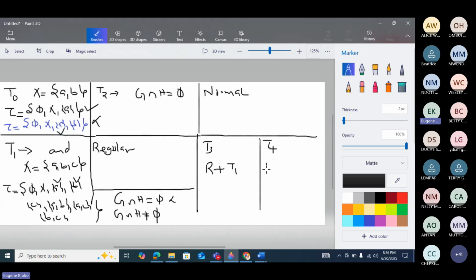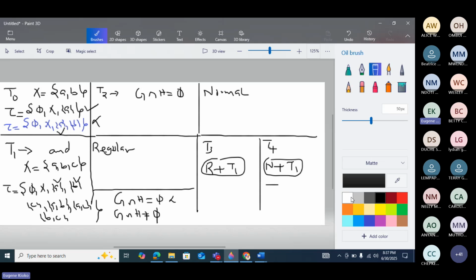If it is normal and T1, it is called T4. So you test: is it regular? Yes. Is it T1? Yes. Then we call it a T3. Is it normal? Yes. Is it T1? Yes. Then we call it a T4.